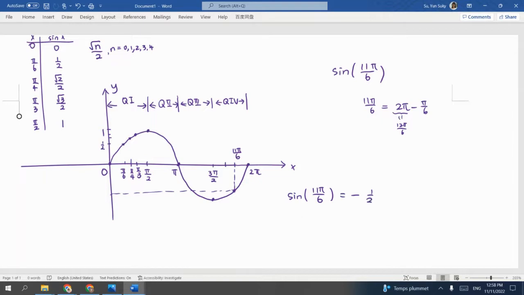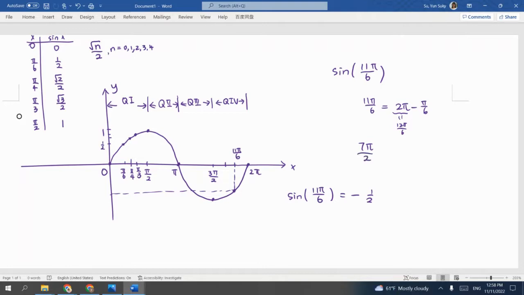Is that okay, everybody? So I would say, for me, I love to look at the sine graph and then figure out the special angle values instead of looking at the unit circles. Because if I ask you something more than 2 pi, how about 7 pi over 2?